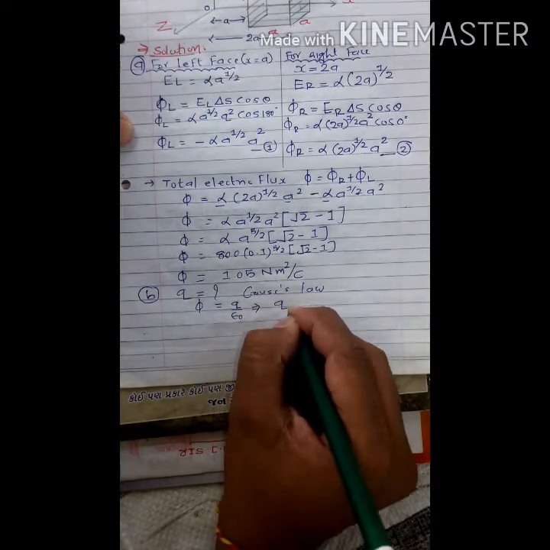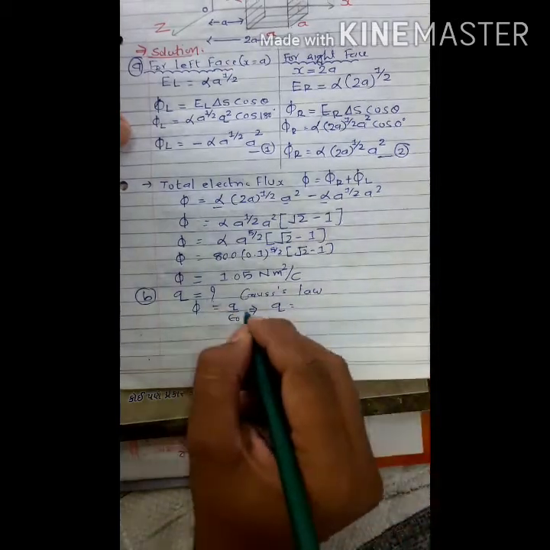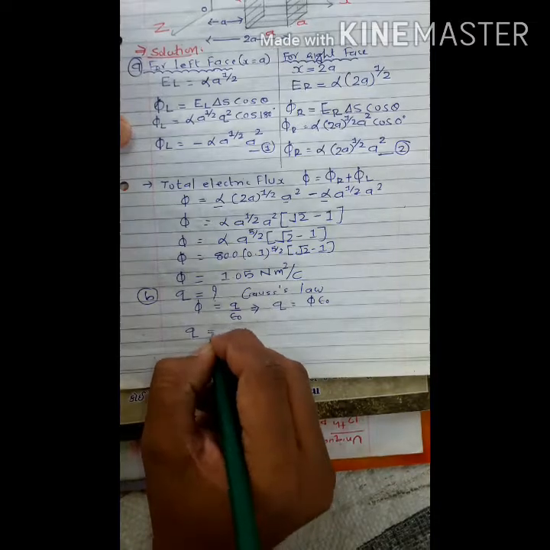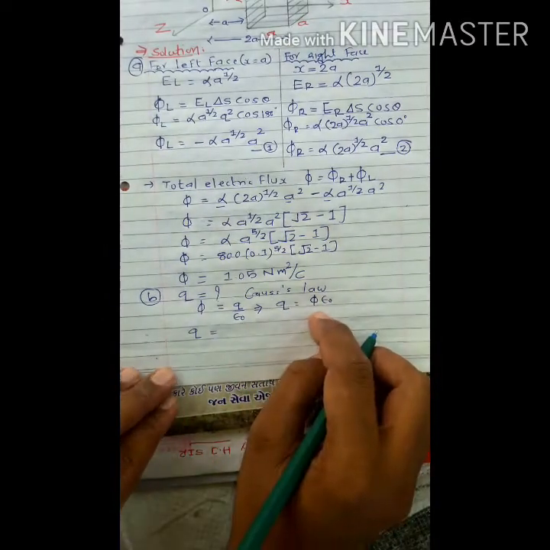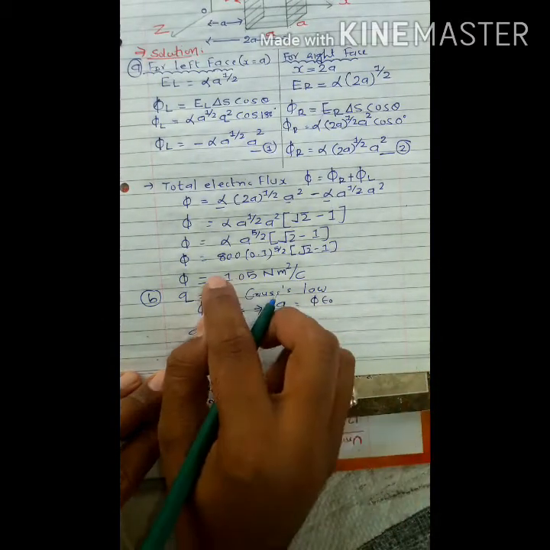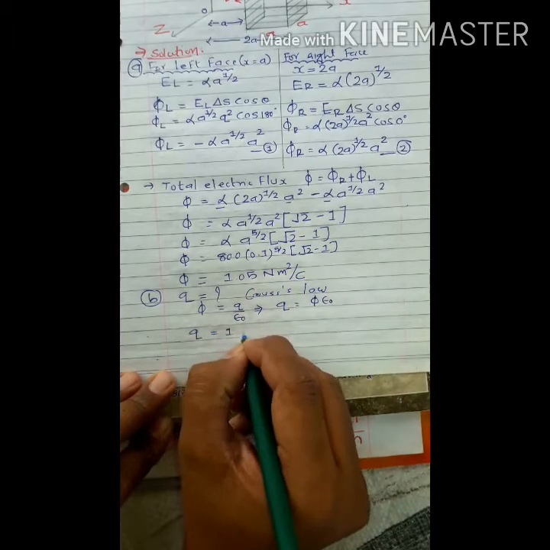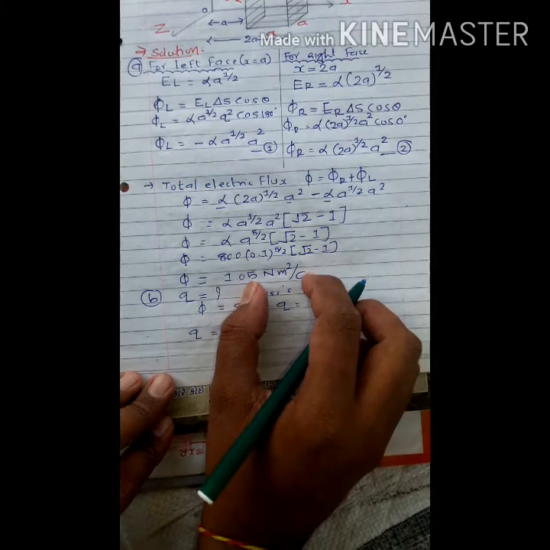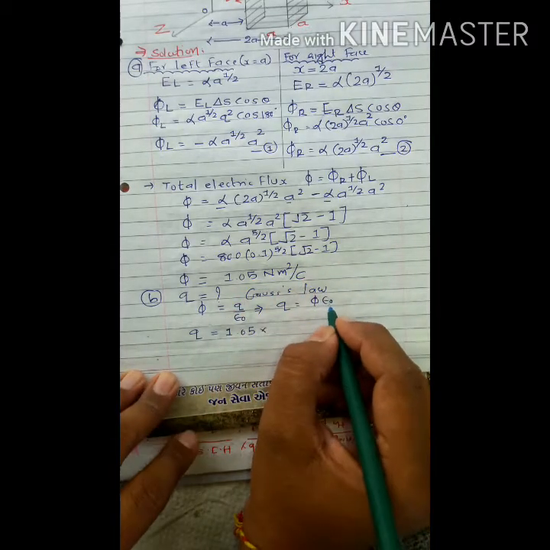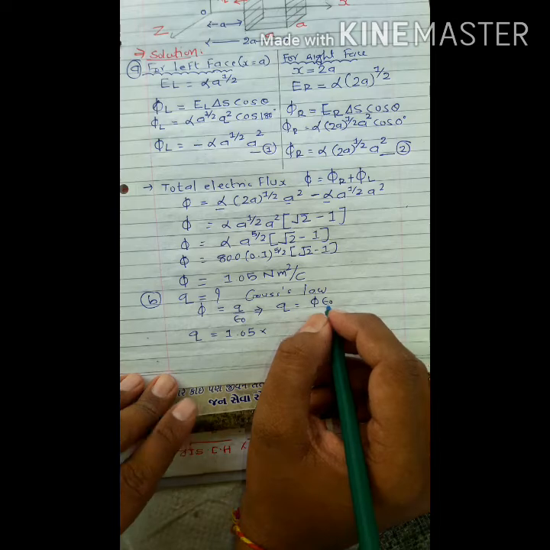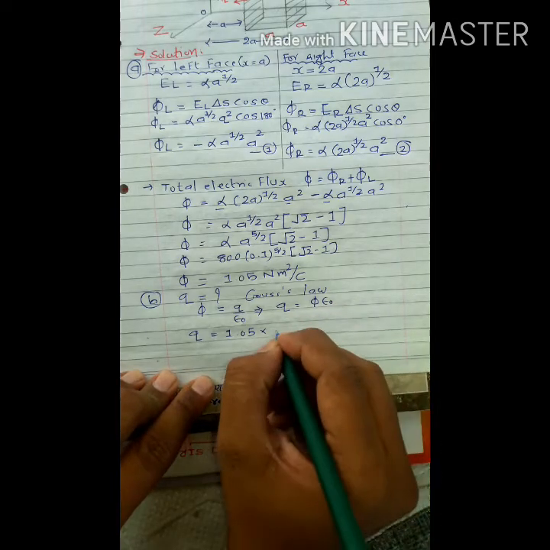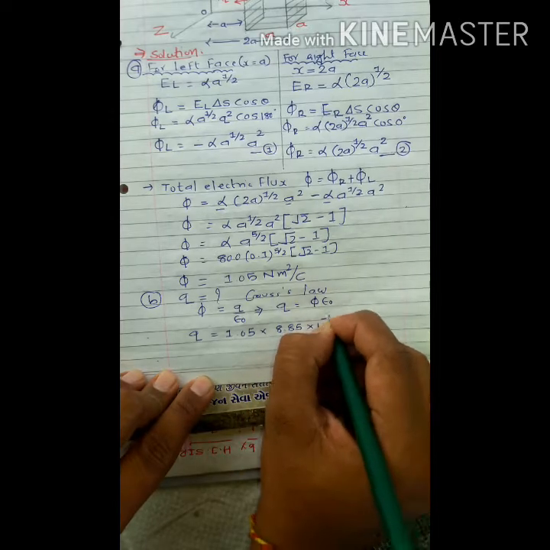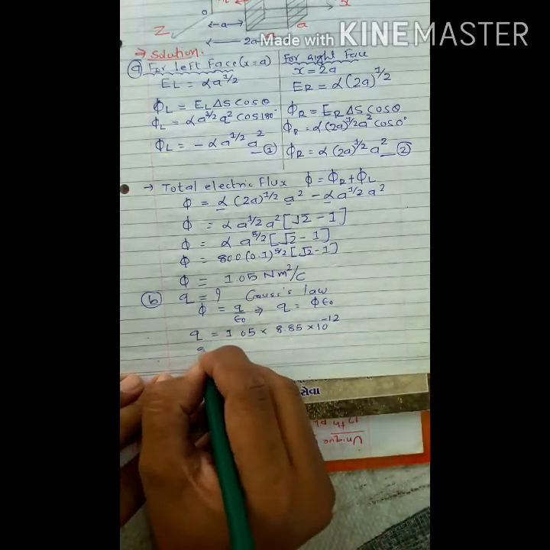Making the equation for Q, Q is equal to phi into epsilon 0. Phi means the total flux linked with the cube, and its value is 1.05 Newton meter square per coulomb, or we can use another unit, Weber, into epsilon 0. Epsilon 0 is the permittivity of free space, and its value is 8.85 into 10 raised to minus 12.